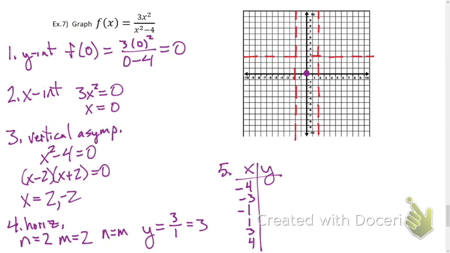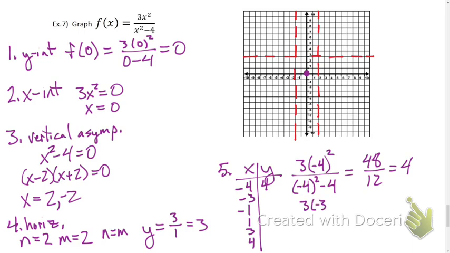So when I plug in -4, I'm going to get a big number up top, I believe. I get 48 over 12, which is 4. Let's plug in -3. I think I get a decimal on this one. Yep. We get 5.4.